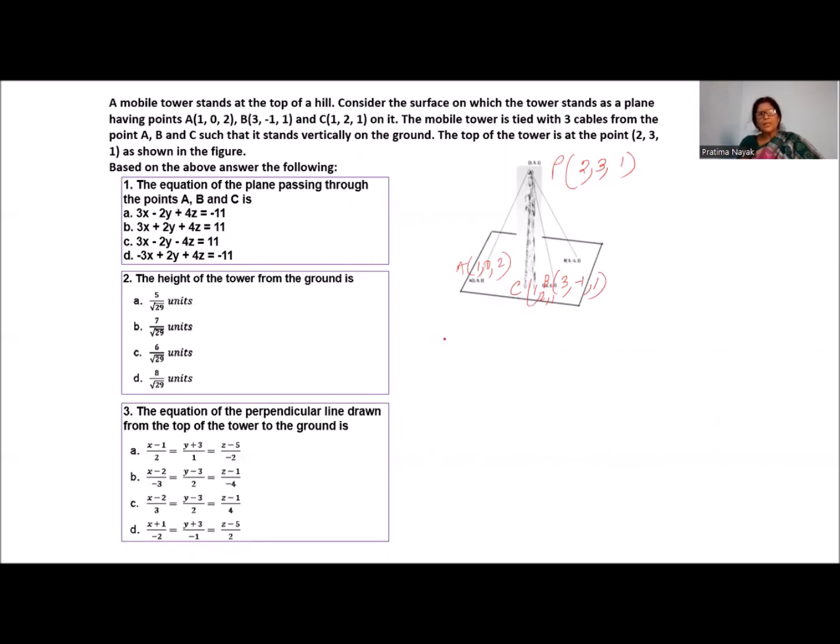Now I am writing: when 3 points are given, what is the plane containing these 3 points?